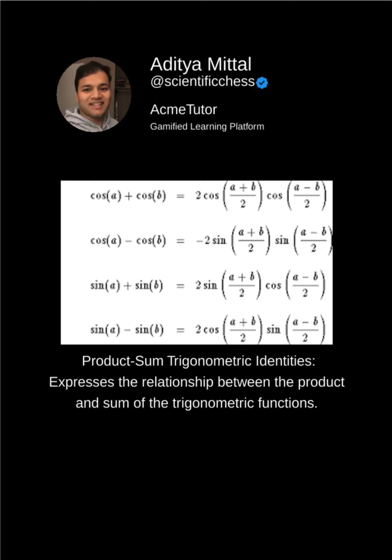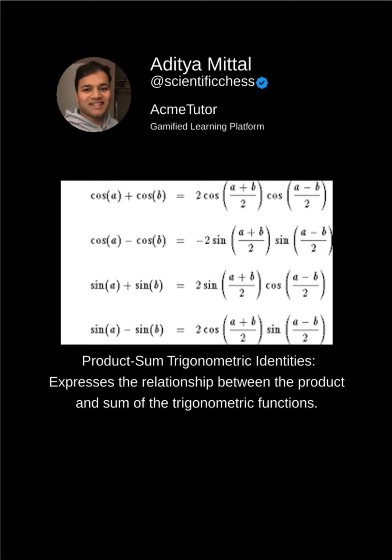And so on the left hand side here you have sums or differences between the cosines or the sines. And on the right side you have a product that comes up when you solve for these. So these identities are also pretty useful to know.